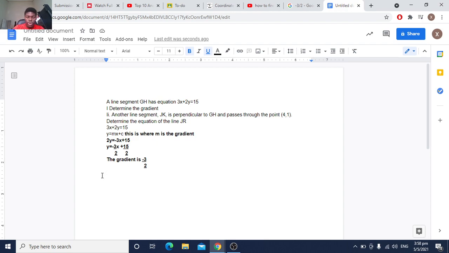So what you're going to do now is take negative 3 divided by 2, and to find the gradient for its perpendicular line, we're going to times this by negative 1.